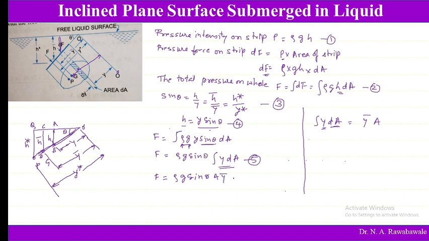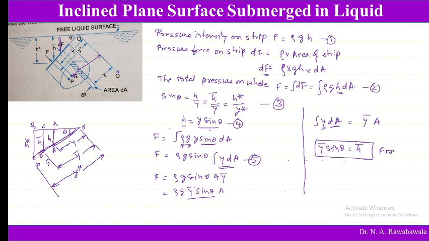So this can be written again as rho g, y bar sine theta into A. Y bar sine theta, from equation 3, y bar sine theta is equal to h bar.